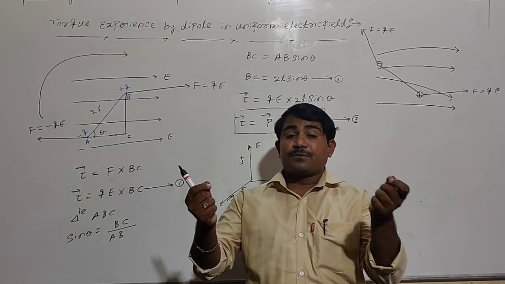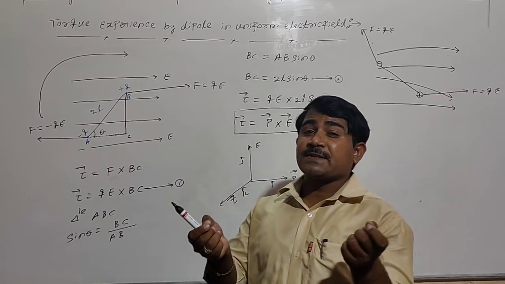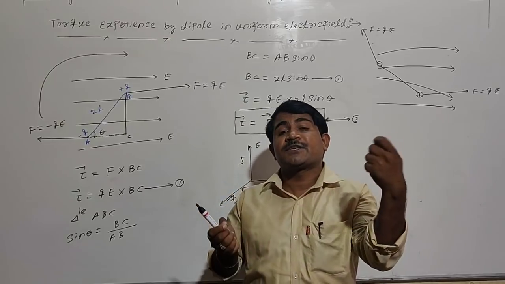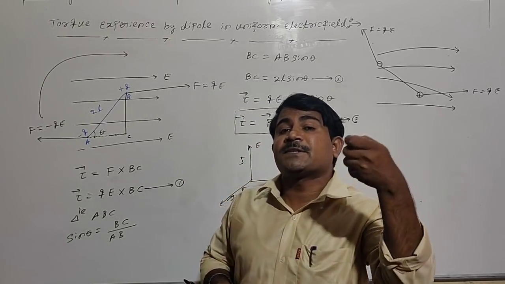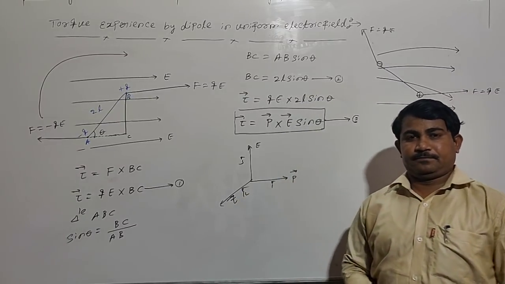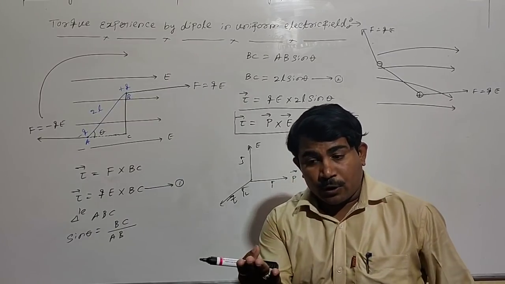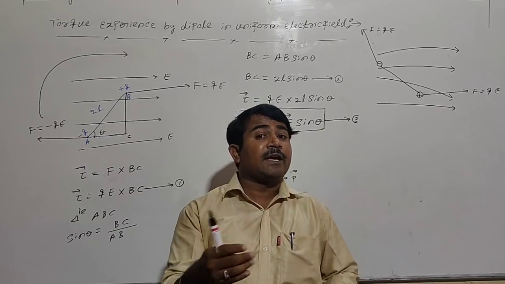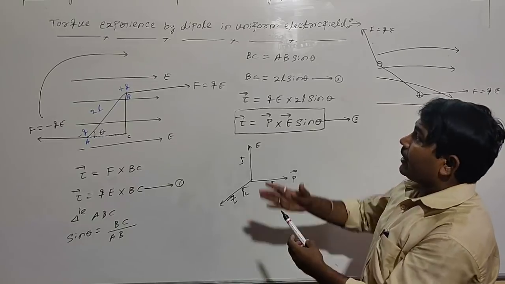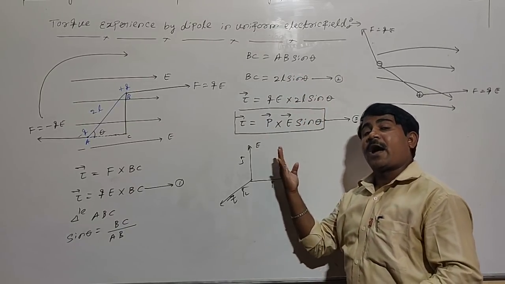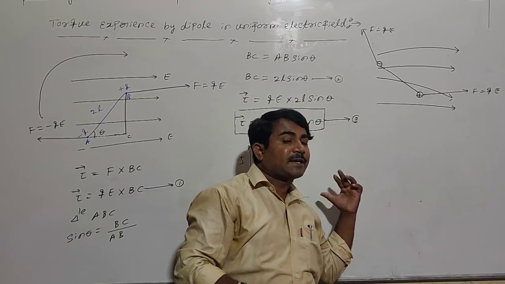These polar and non-polar molecules show interesting properties and interesting applications in the presence of electric field intensity and in the absence of electric field intensity. This is the physical significance of an electric dipole moment.